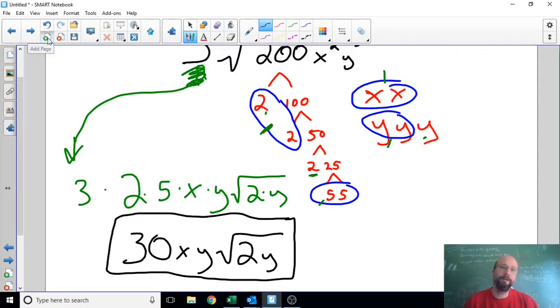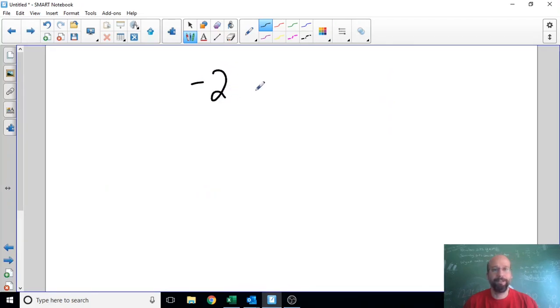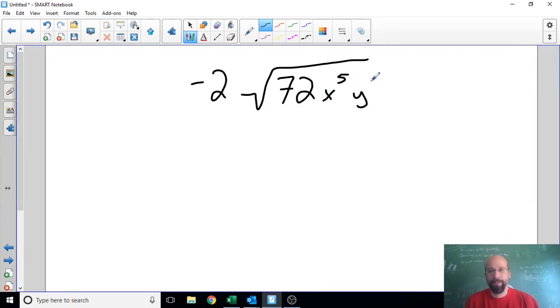I want to do one more. We're going to do -2 on the outside, and on the inside, I'm trying not to make these too big because it does get kind of long when you're factoring out. But I also don't want to do the same numbers over and over again. But let's do 72 x to the 5th, y to the 3rd.